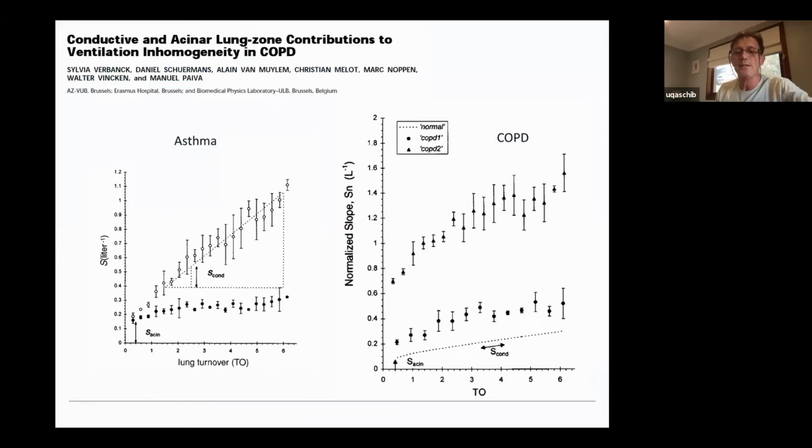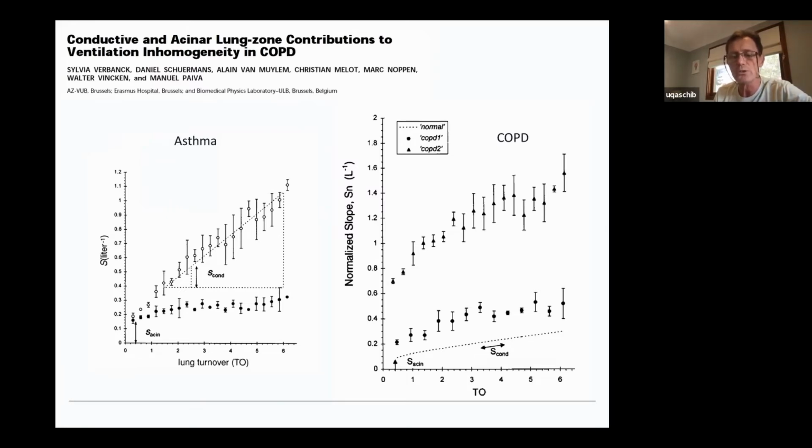Now let's look at COPD. So we know COPD is a diffusion problem, or can have a diffusion and convection problem. So emphysema without airway issues, or emphysema in combination with airway issues. So on the right graph, I just put the asthma, what we discussed on the left side, so you can compare.